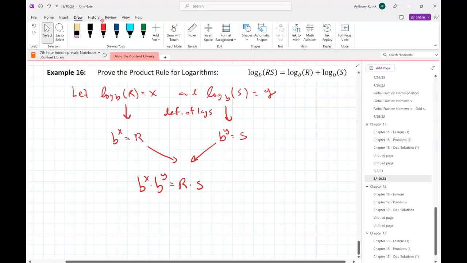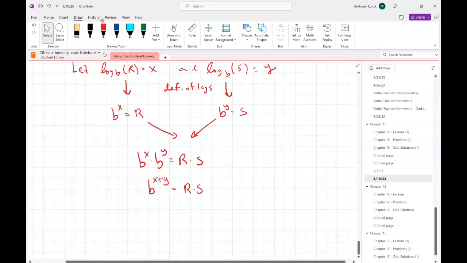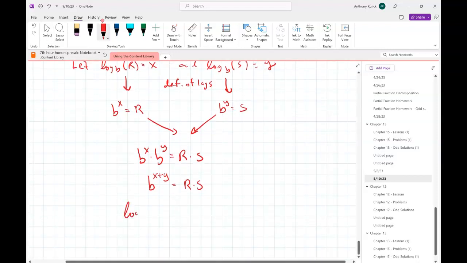Everybody's still good? When I multiply b to the x times b to the y, how do I simplify that? B to the x plus y, right? Everybody's good? Now I'm going to take the log base b of both sides.